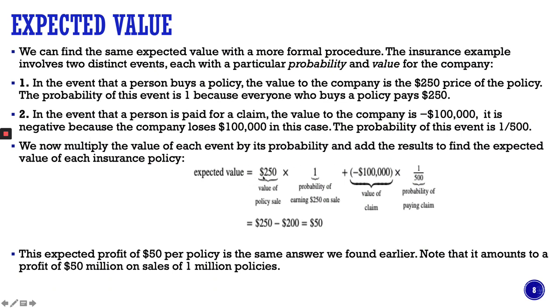So that gets us $250 minus $200, which equals $50. This expected profit of $50 per policy is the same answer we found earlier. Note that it amounts to a profit of $50 million on sales of 1 million policies.